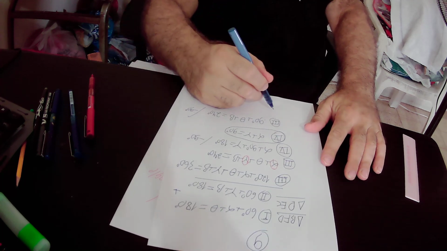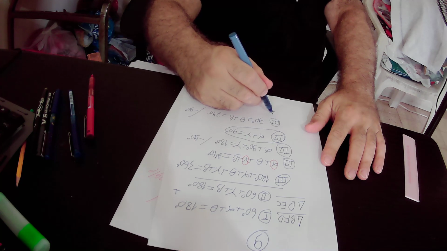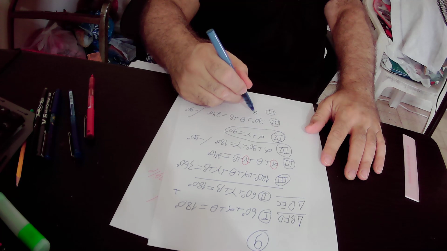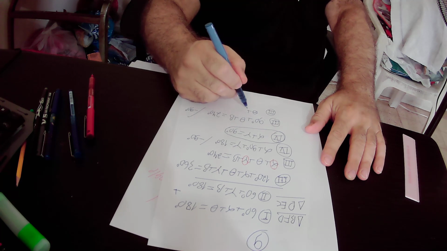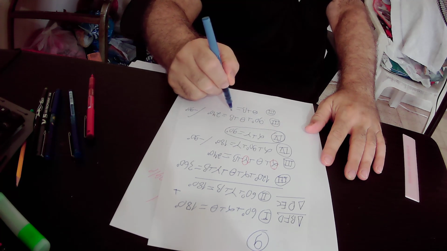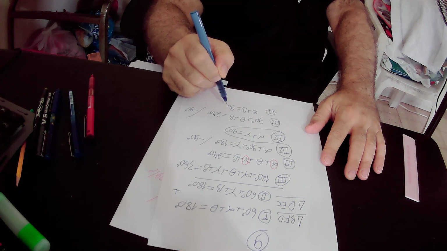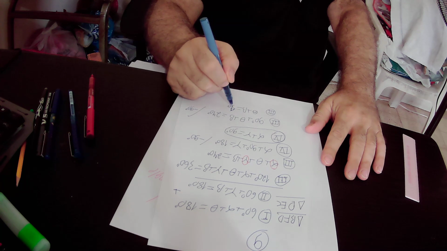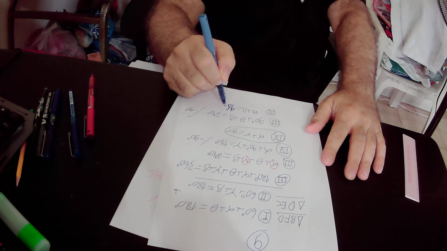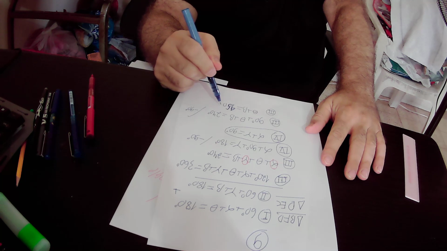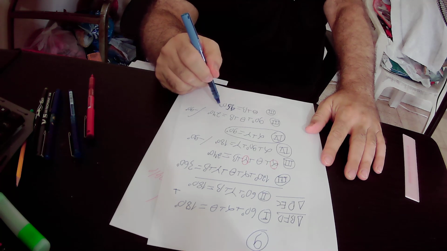We'll get that theta plus beta equals 240 degrees minus 90 degrees, which equals 150 degrees.